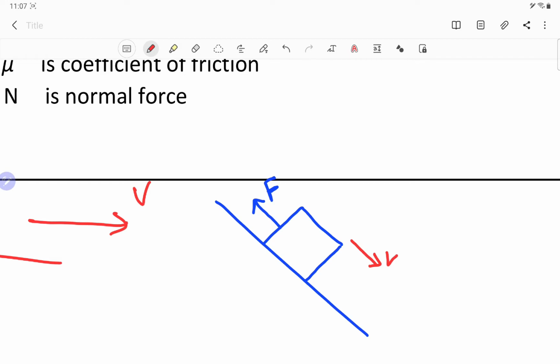So, arah friction adalah arah atas, sebab dia opposite arah motion. Bukan opposite arah force. When I label this as V, it means it has velocity, pergerakan turun. So, F akan opposite the motion, bukan opposite force yang kita apply, because boleh jadi force ni tak cukup kuat untuk tarik dia ke atas pun.